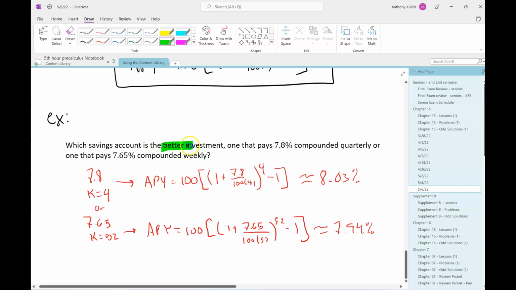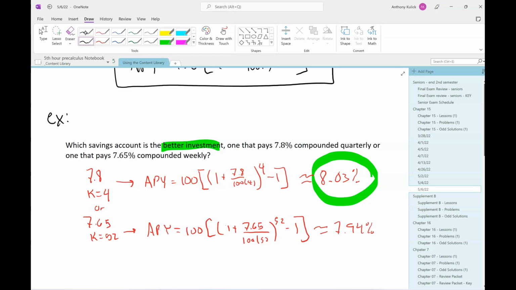So which is the better investment? The first one or the second one? The first one, because the APY is bigger. So far, so good, guys?